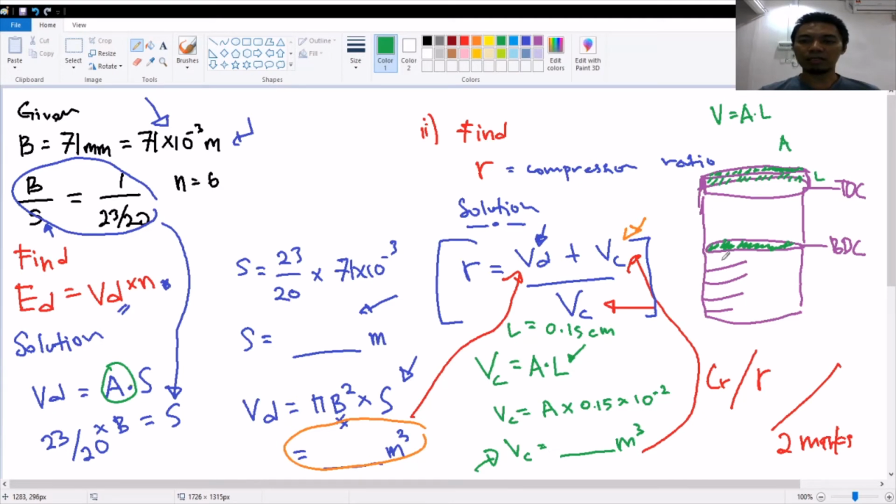So this is actually your cylinder here. Let me doodle again here. This is your cylinder, and this is the top of your piston.